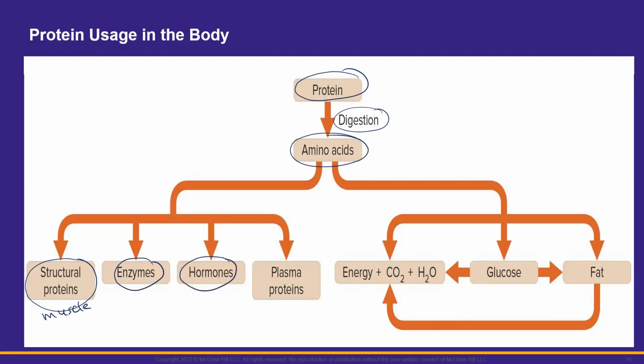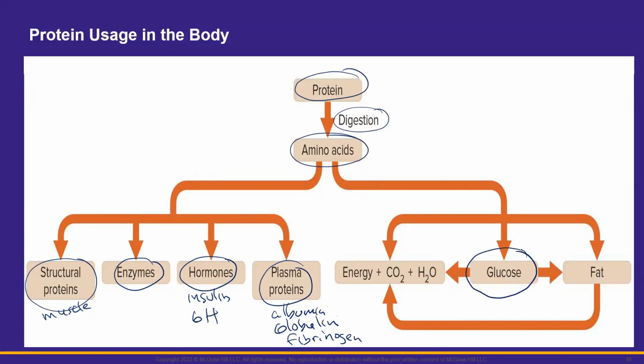Hormones: there are many hormones made of protein, like insulin, for example. Growth hormone is made of protein. Plasma proteins, albumin, globulin, fibrinogens, these are proteins. It can also be used for making energy.